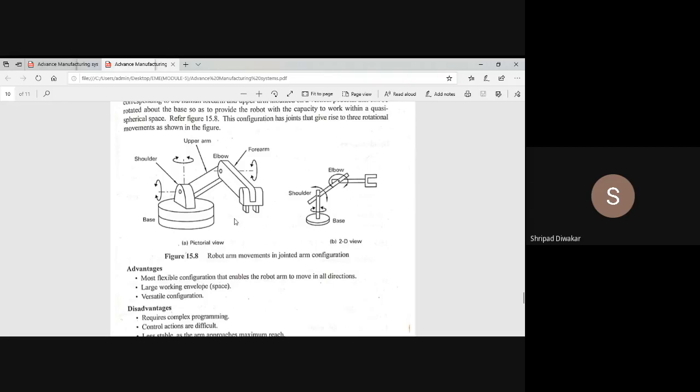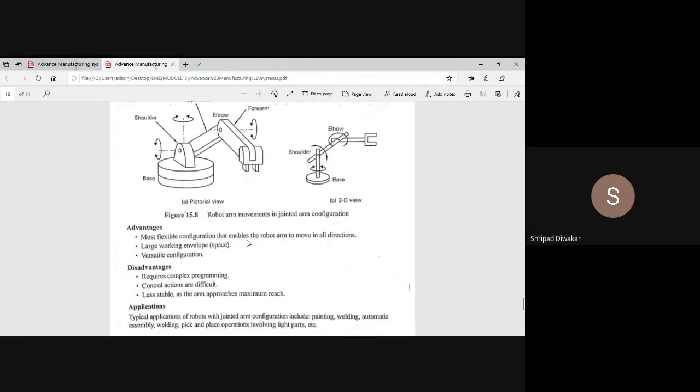Hence, it is most flexible in nature because this robotic arm has the capacity to move in all directions. That is the major advantage of this configuration. The second one is that it has a larger working envelope or working area, and it is the most versatile configuration compared to other configuration robots.